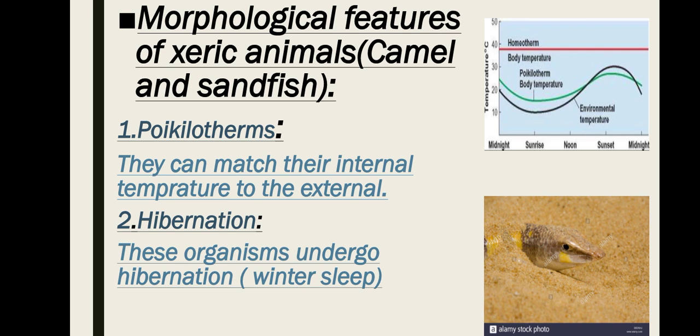As we can see in this graph over here, the poikilotherm body temperature is more than the environmental temperature during the time between midnight and sunrise, but both these temperatures, that is poikilotherm body temperature and environmental temperature, coincide with each other at the time of noon and continue to coincide up to midnight.